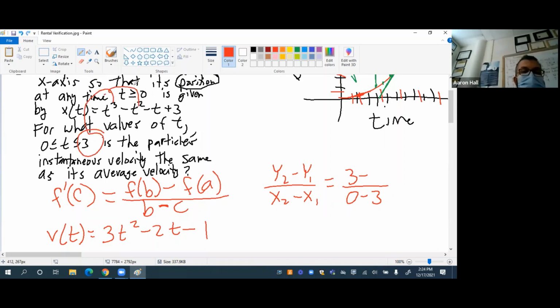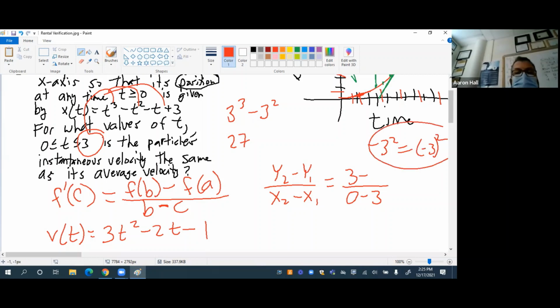Plug in 3 here, here, and here. That gives me 3 cubed, which is 27, that's 3 times 3 times 3. Minus 3 squared. Is this the same thing as this?